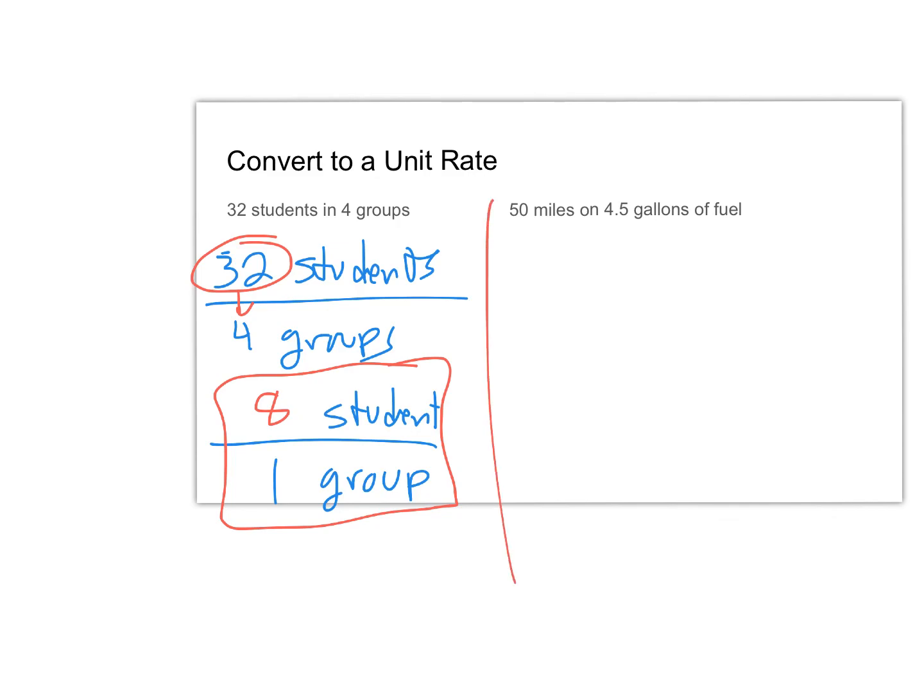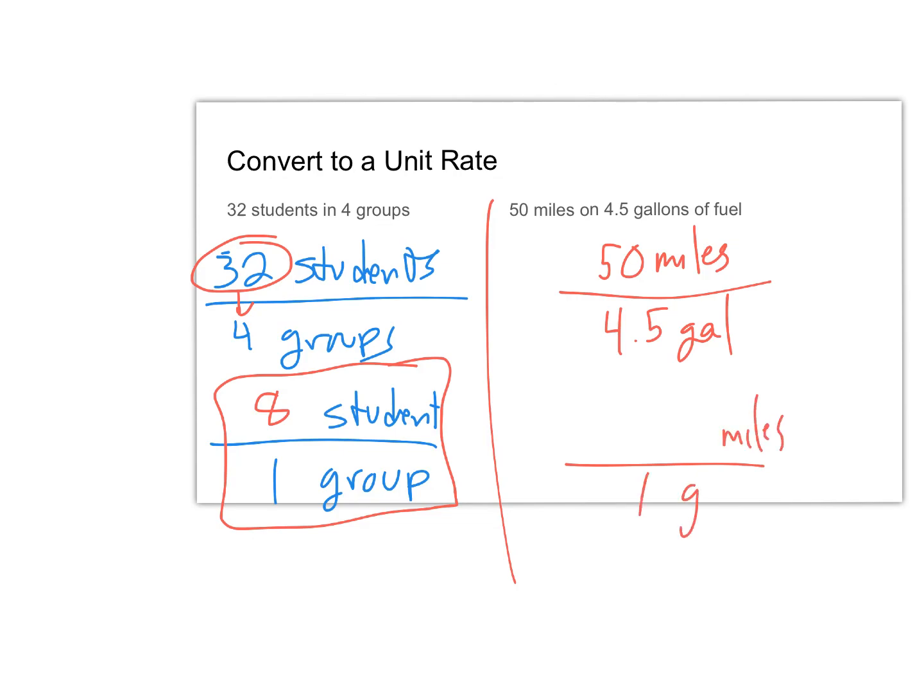All right, next one. We are going to compare 50 miles on 4.5 gallons of fuel. So we want to know how many miles you can go on 1 gallon of fuel. Okay, so here we go. We're going to take our 50.